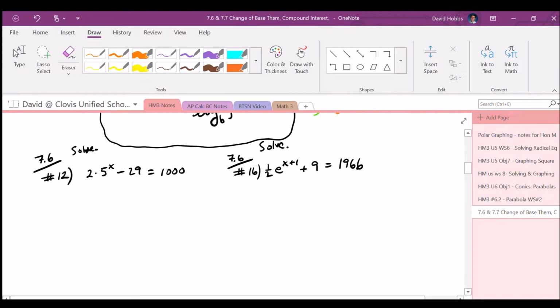Okay, so we're trying some problems from the actual assignment as well, to help shorten the assignment and do some extra problems. We are solving 7.6, number 12. As I look at problem number 12, I notice that the unknown is up in the exponent. Anytime the unknown is up in the exponent, there is potential for needing logarithms to help finish solving the problem.